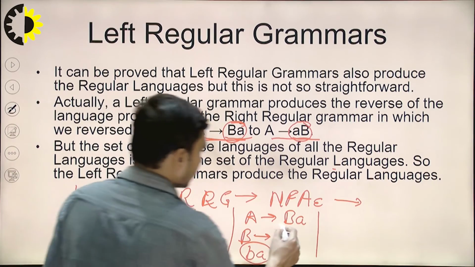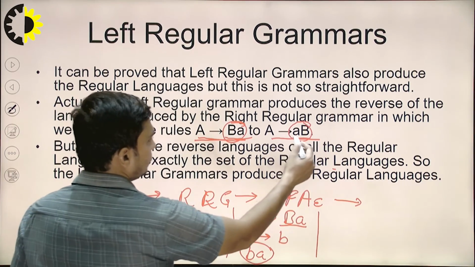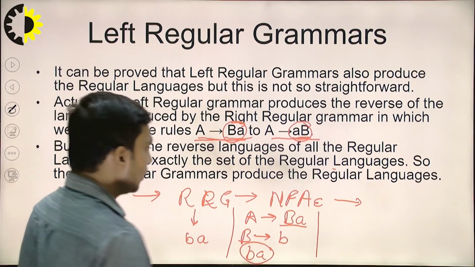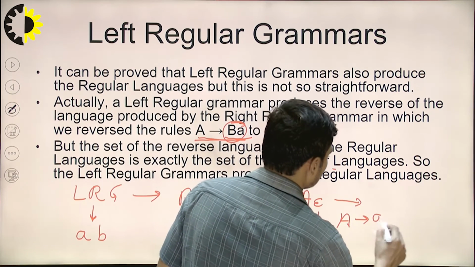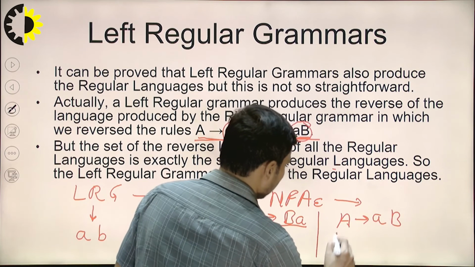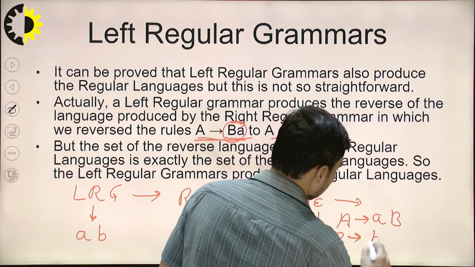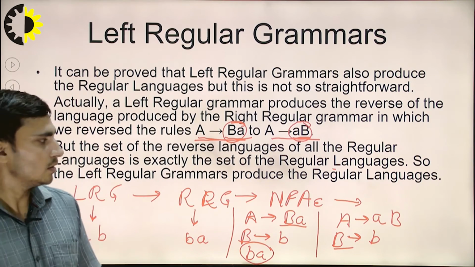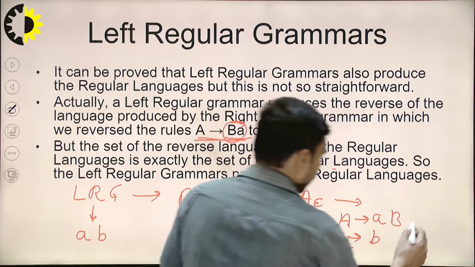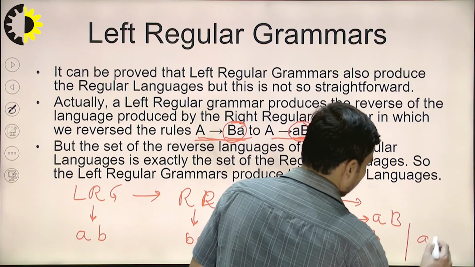Now I am just swapping or changing this to this. So what we will have? We will have A produces small a B, and let us say the production rule for B will remain intact. We are not changing it. Now, the string we will get from this production rule is AB.